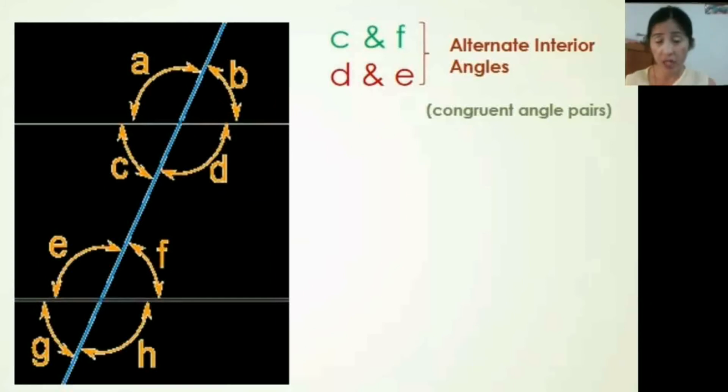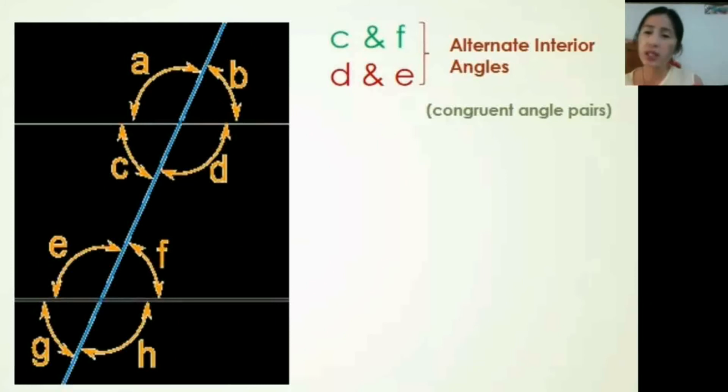Also E and F. But we are pairing C and F because they are on different sides of the transversal, left and right. Also D and E, they are on opposite sides of the transversal, right and left, or left and right. So we call them alternate interior angles.